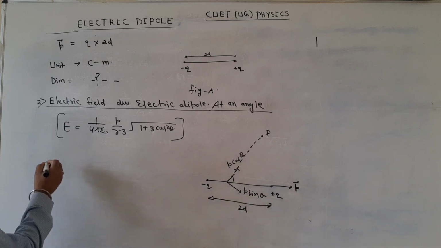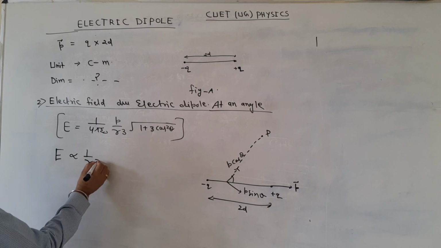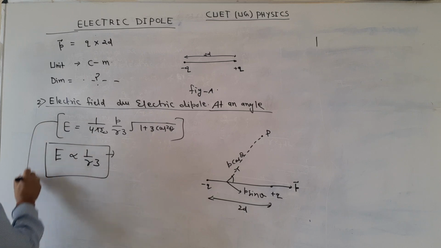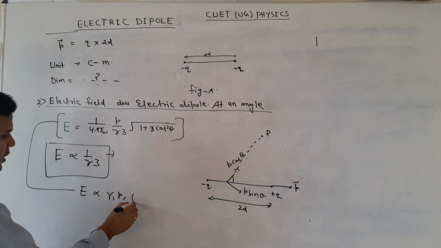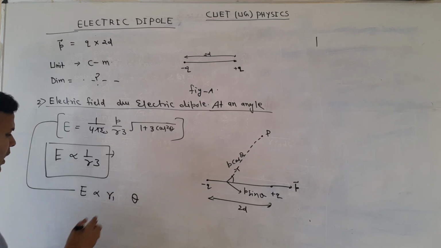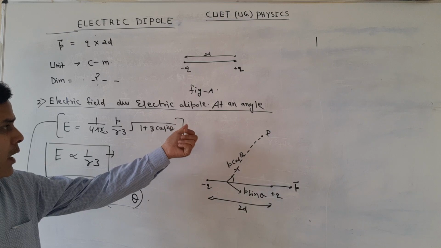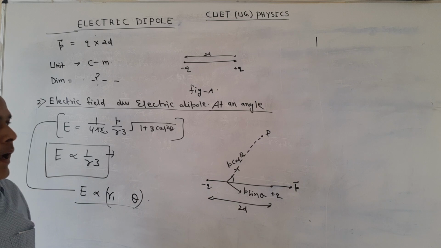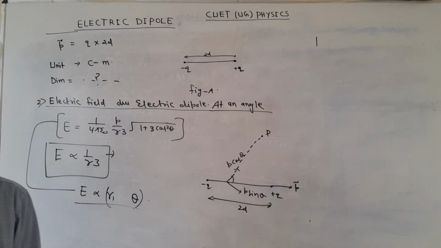In the first two cases, electric field is directly proportional to 1 by r cube. This is the conclusion. In the angle case, electric field depends upon r, p and theta also. This is the difference between the angle situation and the equatorial and axial point situations, and this is the way to define the electric dipole.